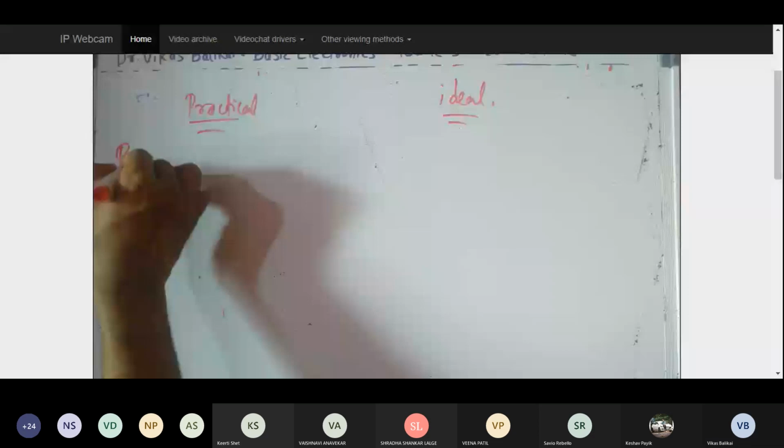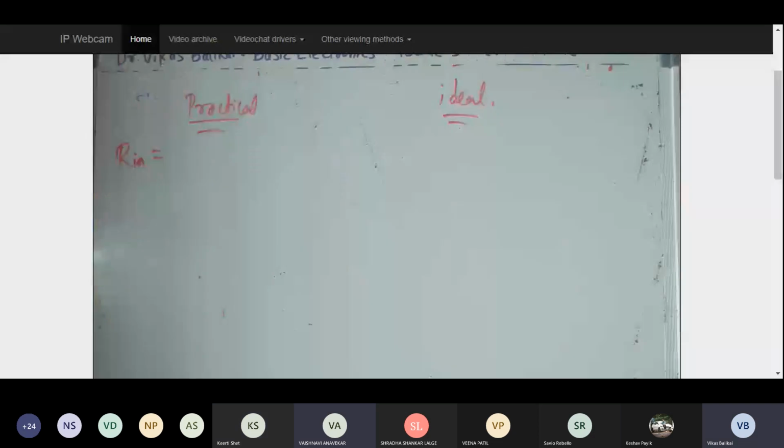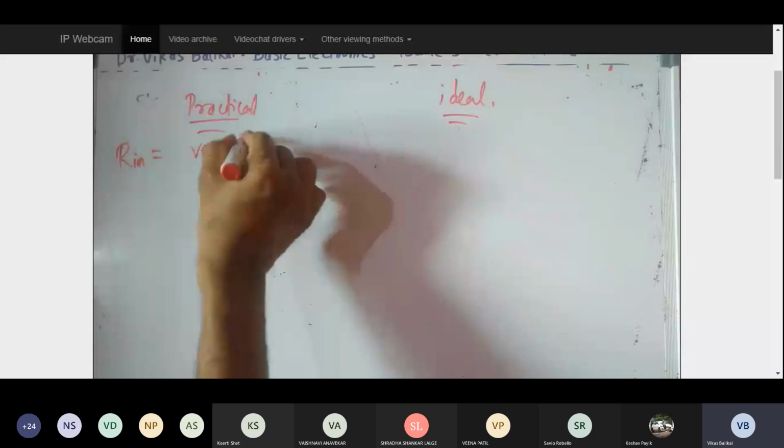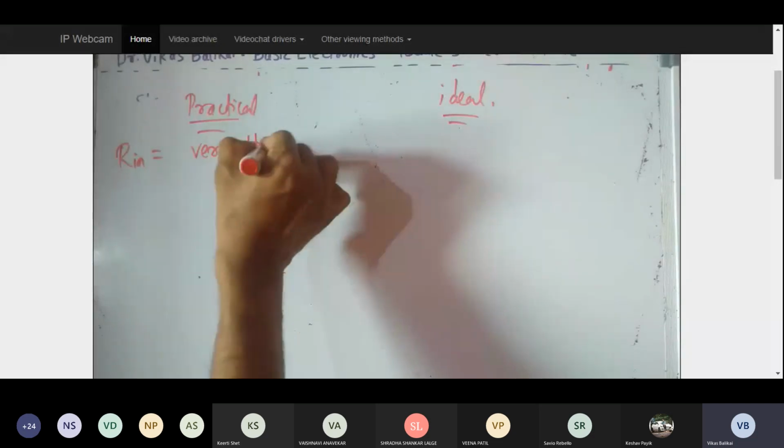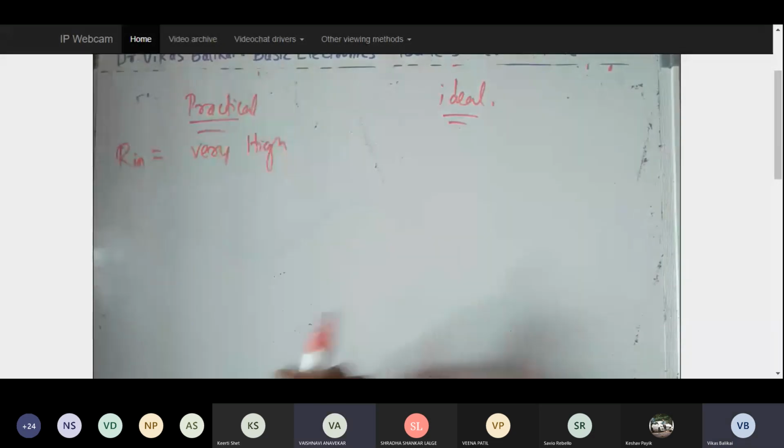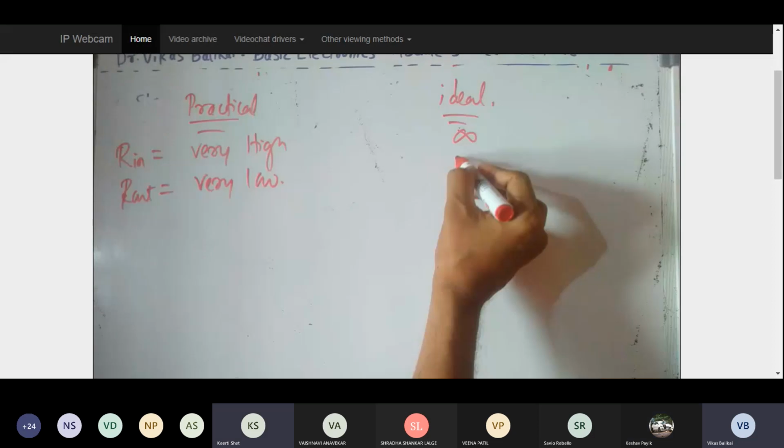Rin should be high. Low or high? Should be very high. There's a difference, high and very high. And ideally, infinity. Quickly, Rout. Very low. And the ideal value is 0.